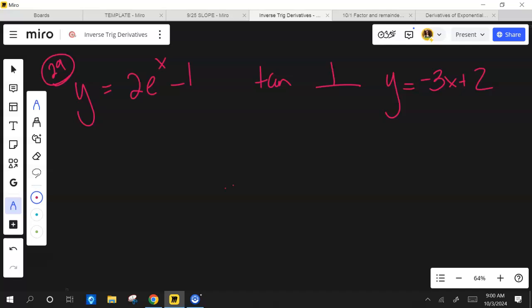I want a point on the graph of y that is tangent to the line that is perpendicular to this line. I want to make sure this is number 29.